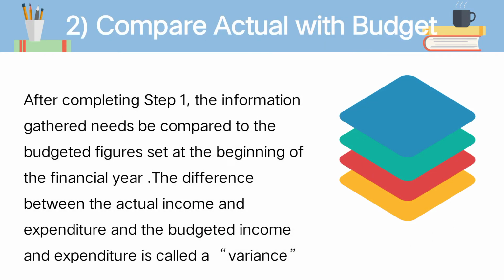And the second one is compare actual with budget. After completing the first step, the information gathered needs to be compared to the budgeted figures set at the beginning of the financial year. The difference between the actual income and expenditure and the budgeted income and expenditure is called a variance.